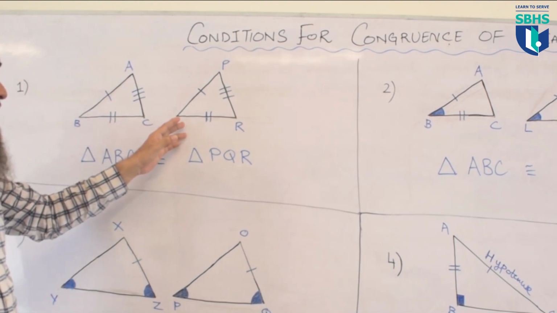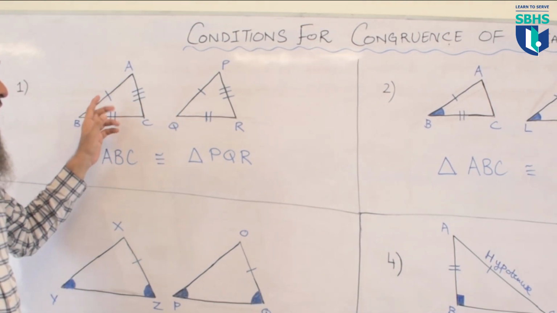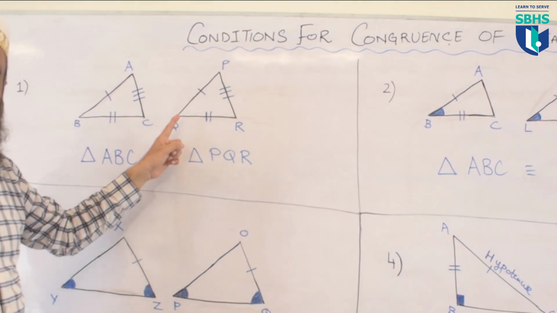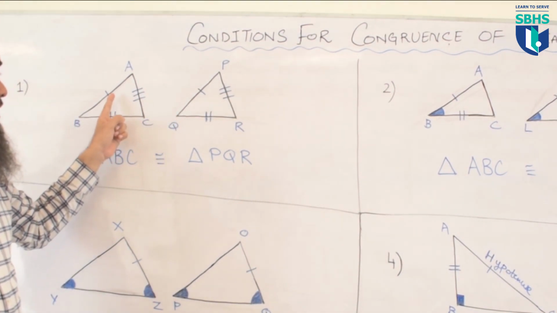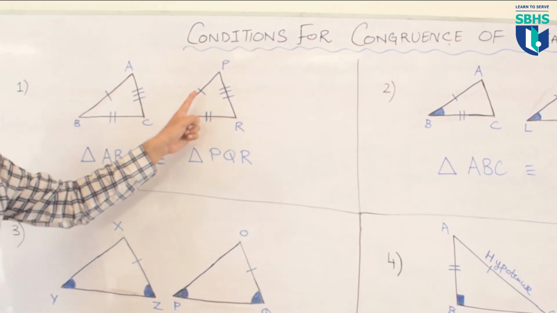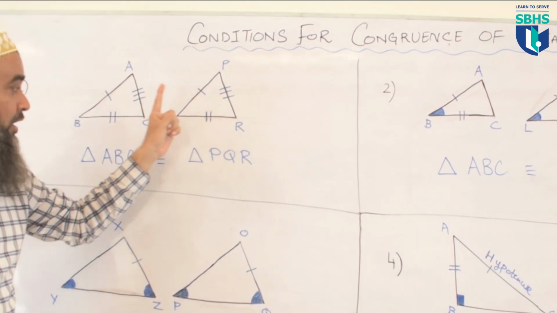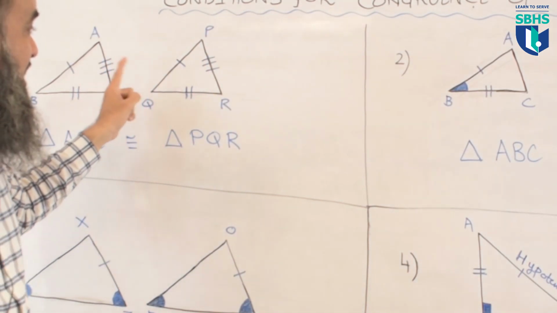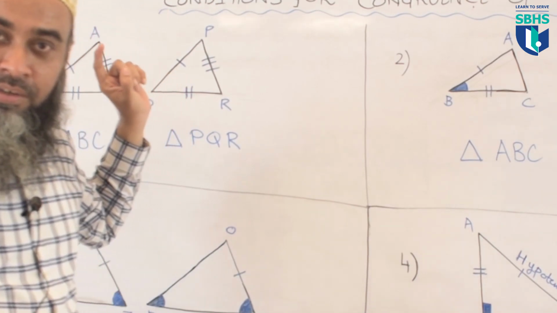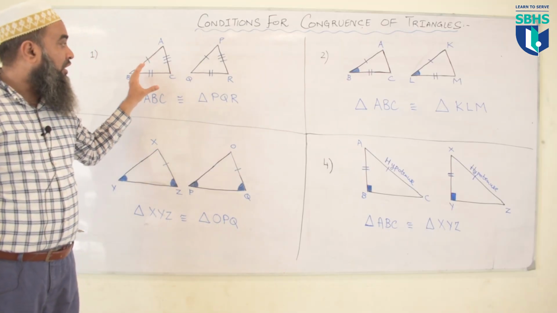In both triangles there are three pairs of corresponding congruent sides. AB is congruent to PQ, BC is congruent to QR, and AC is congruent to PR.